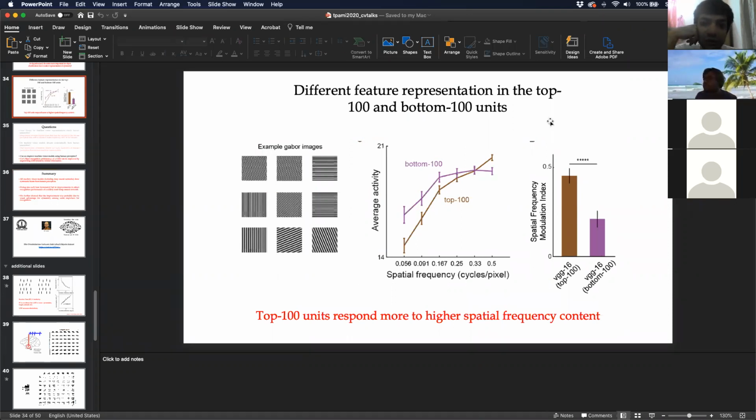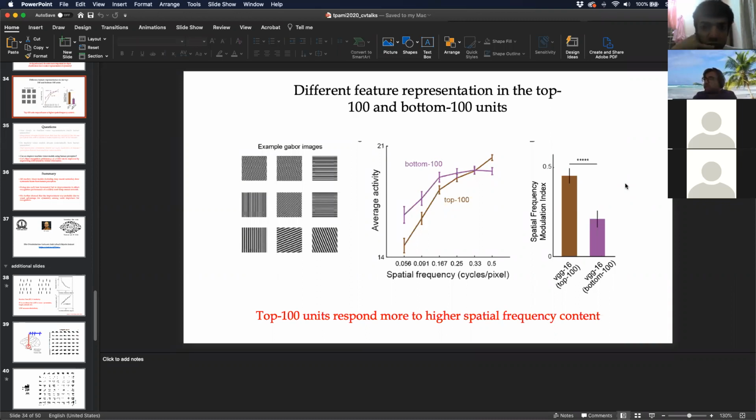Just as we used a symmetry modulation index, we also computed a spatial frequency modulation index, which is essentially the activity of each node to higher spatial frequency content relative to lower spatial frequency content.